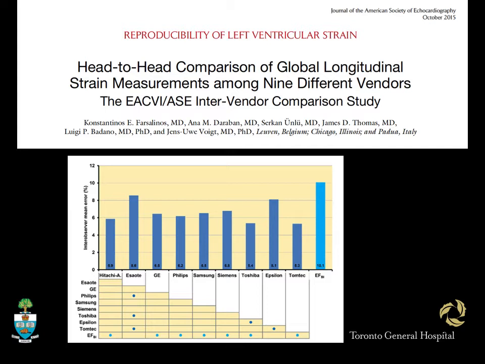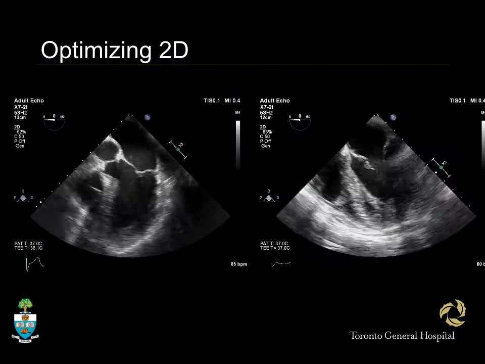That probably has to do with the fact that the user interface or the way the tracking works is slightly different. So with some systems, it's simpler to get a strain, and then everybody gets the same numbers. With other vendors, not everybody gets the same number.